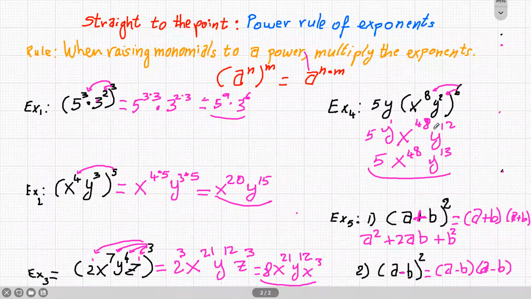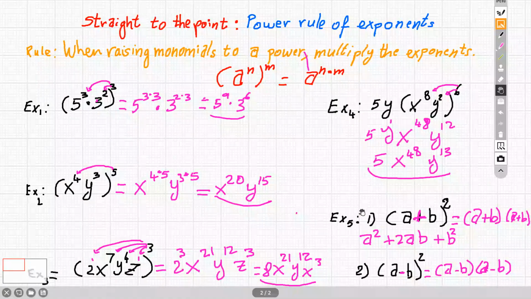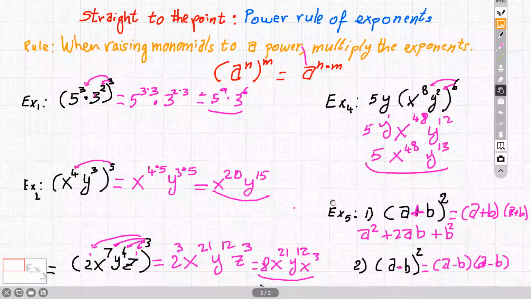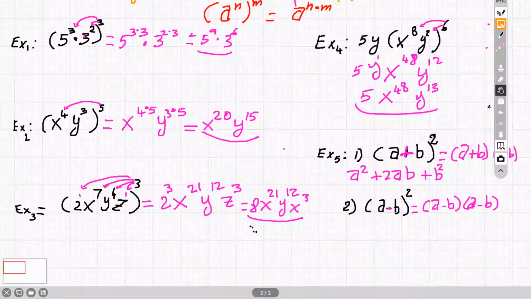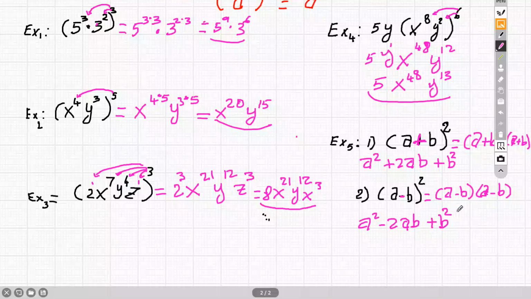And we expand that this way: a squared minus 2 times a times b plus b squared. So these two are non-examples.